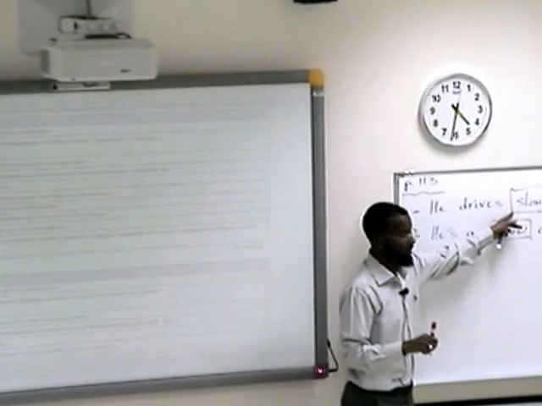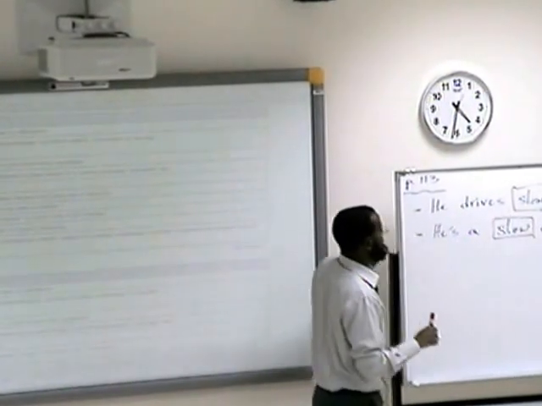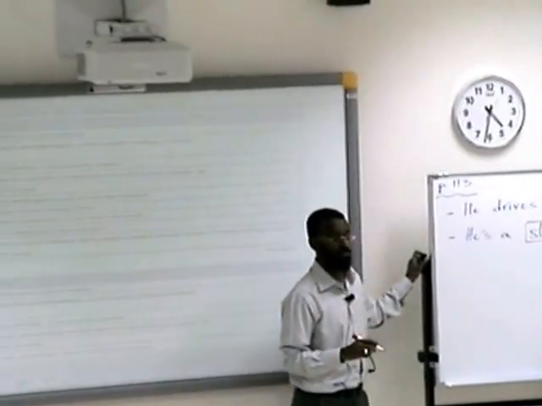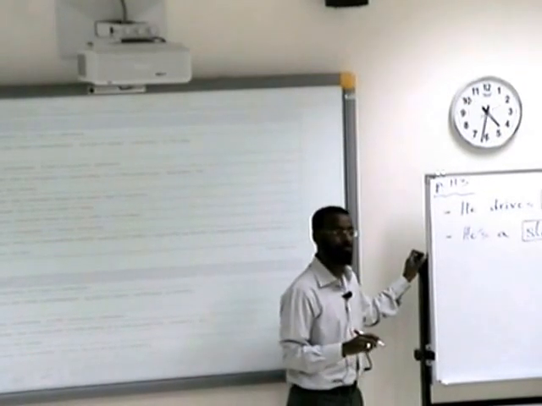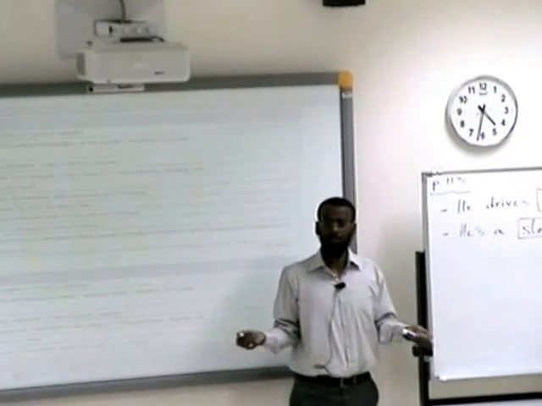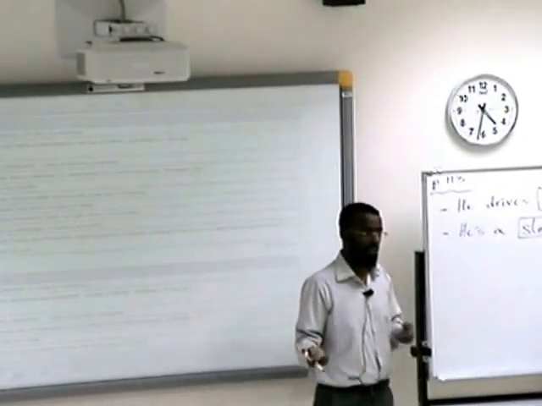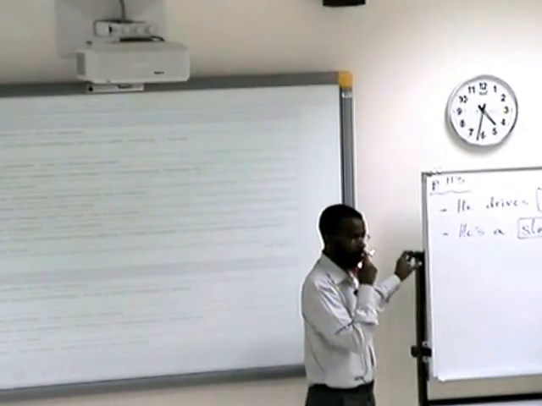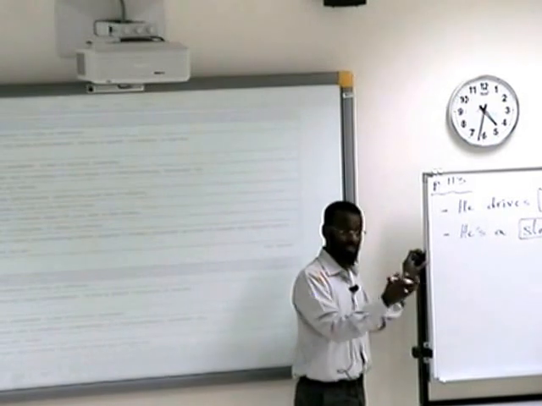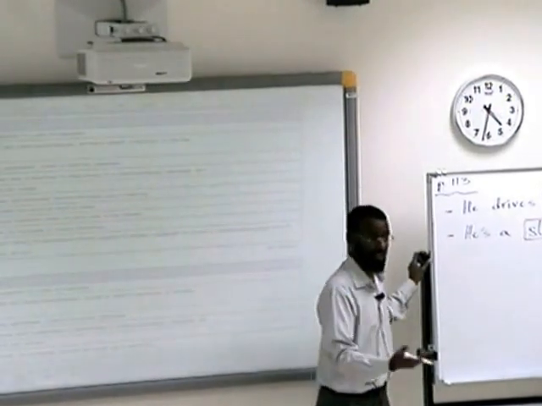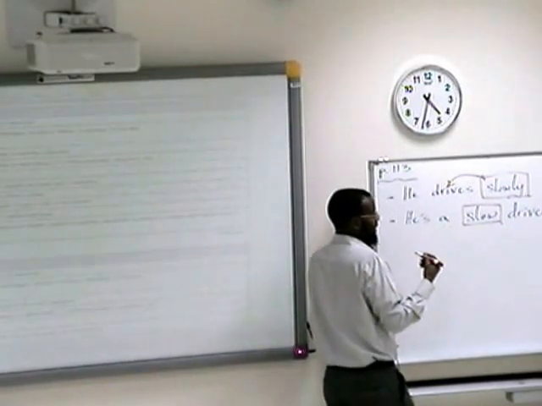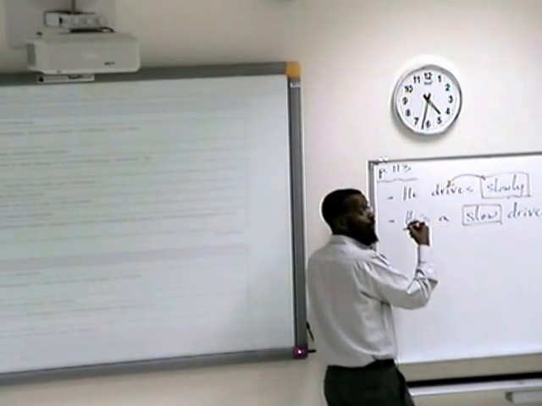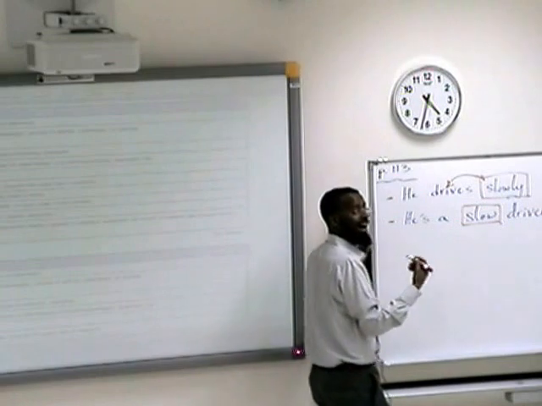Slowly is an adjective. Is it? What is the rule? How do I know whether it's an adjective or an adverb? When it's describing the verb or the action, then it's an adverb. One way to do it is to ask how.